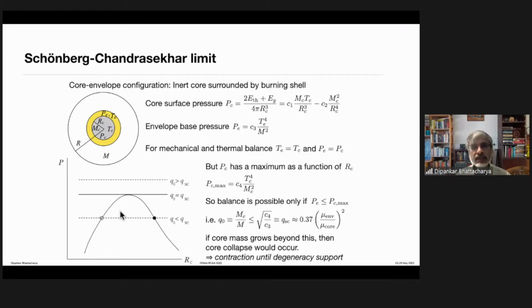When Rc is small, the second term dominates because it goes as 1 by Rc to the power of 4 rather than 1 by Rc cubed for the first term. And this being negative, it pulls the pressure down. And at larger values of Rc, the first term dominates, but as Rc goes up, again, because of this 1 by Rc cube dependence, the pressure goes down. So in between, the pressure reaches a maximum.